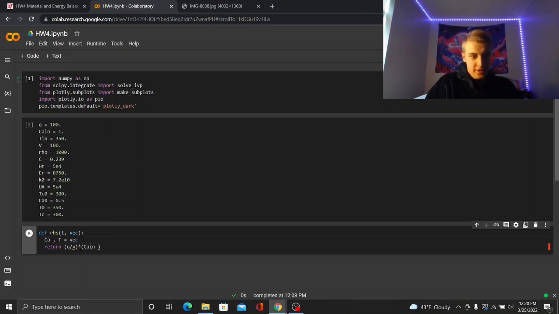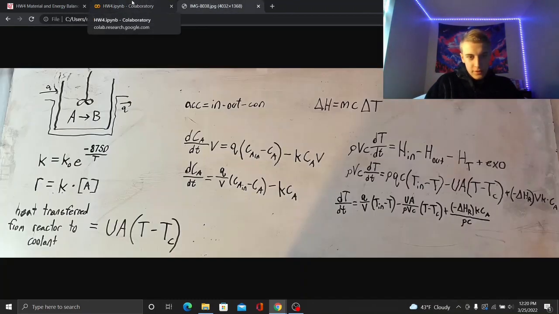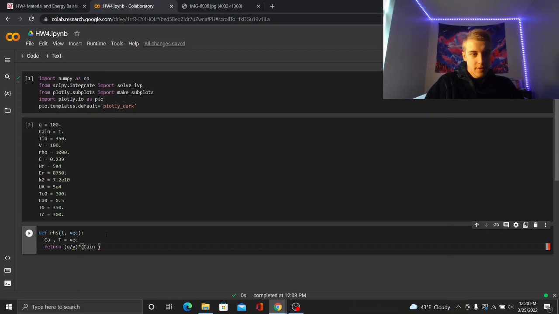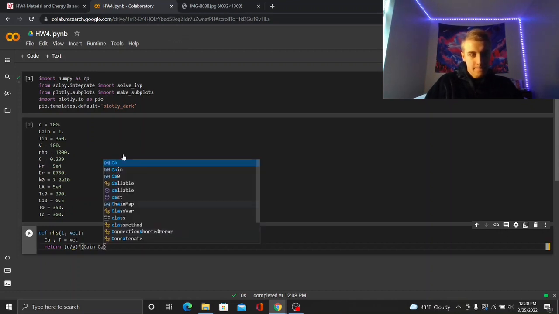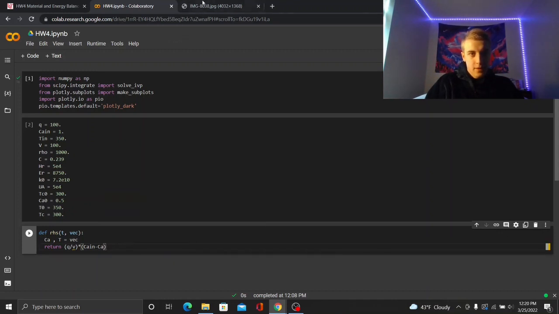I will actually make this capital. Cn minus Ca. Minus K times Ca. And we will have to define K later inside this equation using this. But for now it's okay.